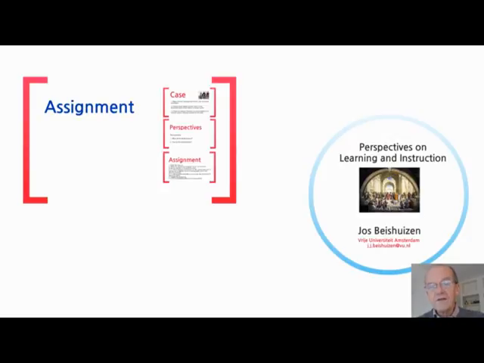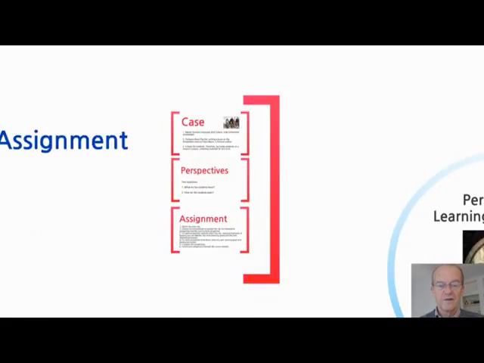The idea is that you carefully observe this particular case. It's shown in a video clip, and after that analyze the case from two perspectives, the behaviorist perspective and the constructivist perspective. And then you write down what you see basically and make a comparison between the two perspectives. So that's the general idea of the assignment.